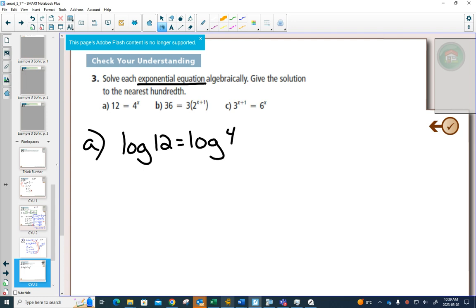You can choose natural log, you can choose log base 782, although that would be annoying because you'd have to write 782 every single time. Most students just choose either the natural log or the common log. The reason we take the log of both sides is to use our log laws to expand to get the x out of the exponent.